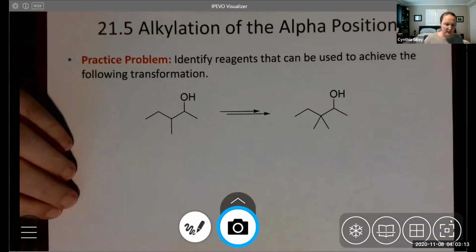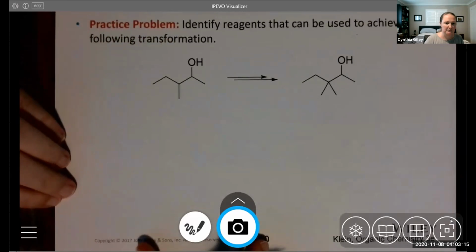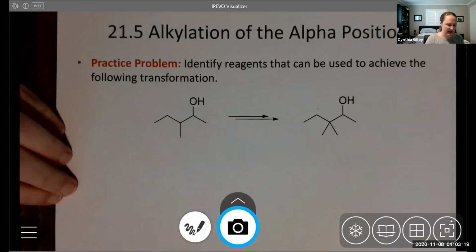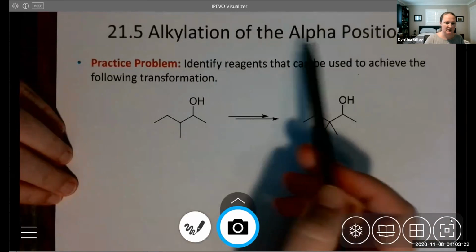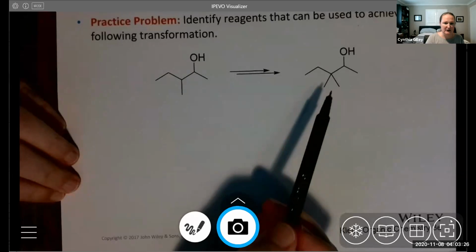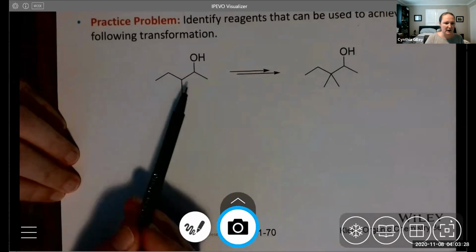Okay, let's go ahead and go over how to do this problem. So the first thing is we are thinking about alkylating the alpha position, right? And so I noticed that I added an additional methyl group to this carbon.